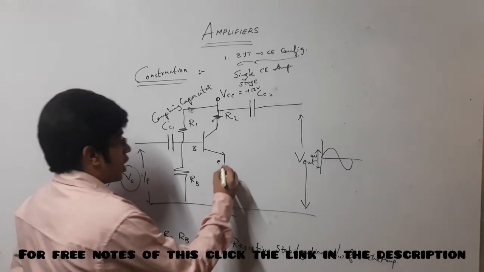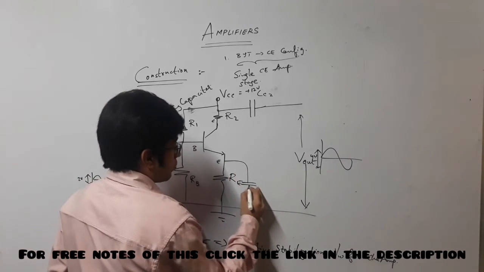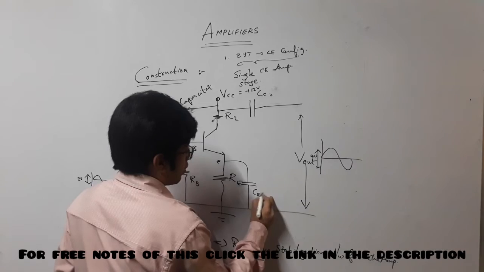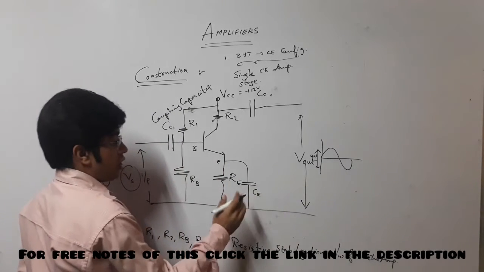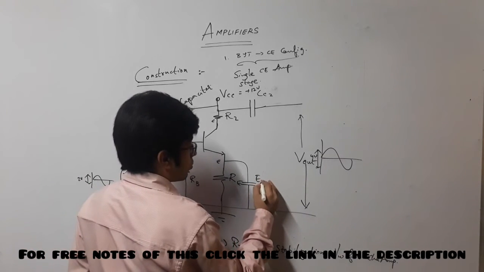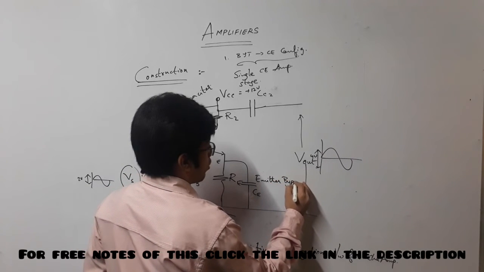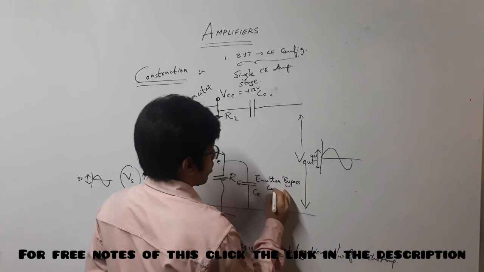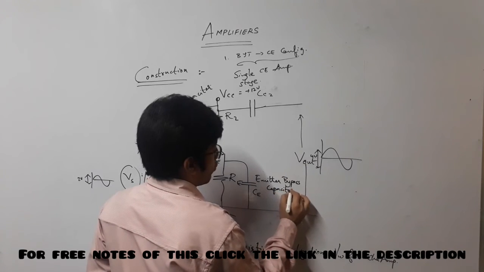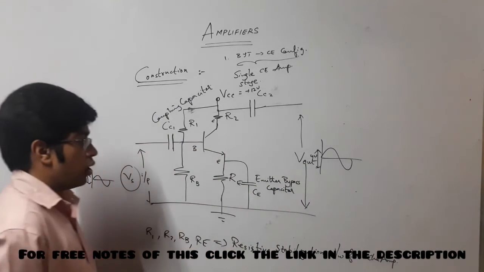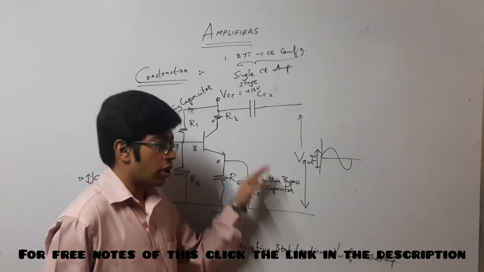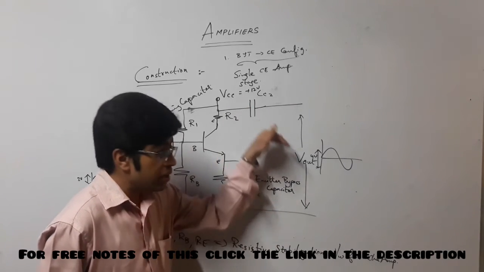Now, here we have one more capacitor, CE. Since it is connected to the emitter, it is CE. This is called the emitter bypass capacitor. The reason for connecting this capacitor is that if you don't connect it, the output voltage will keep decreasing.